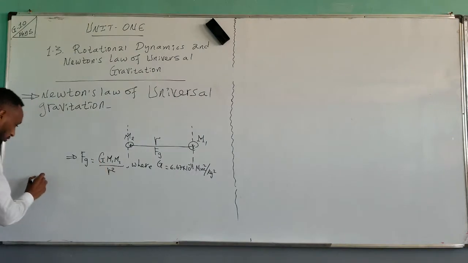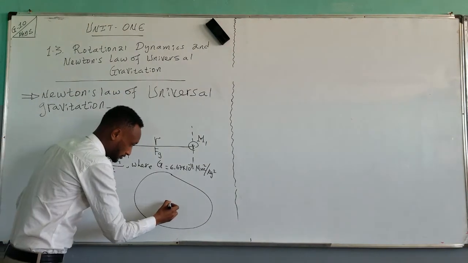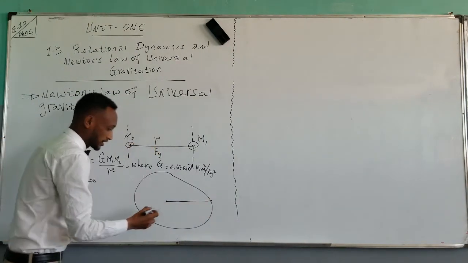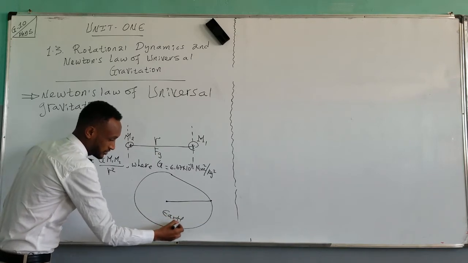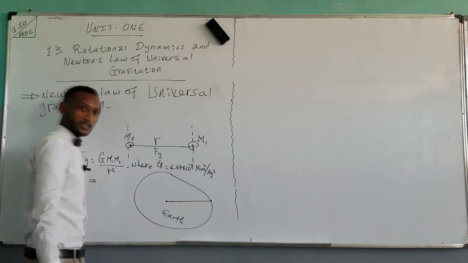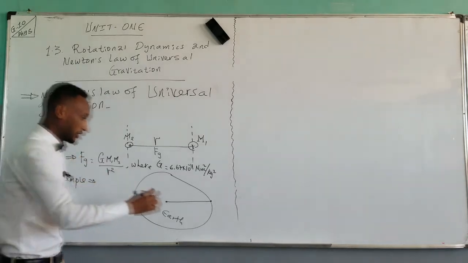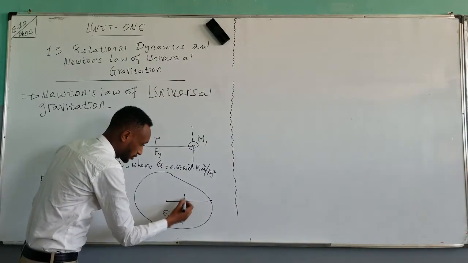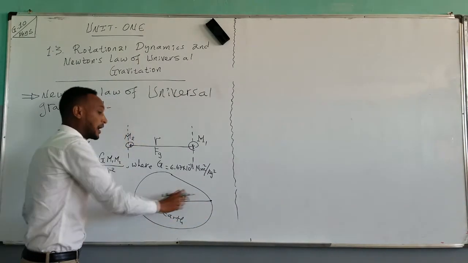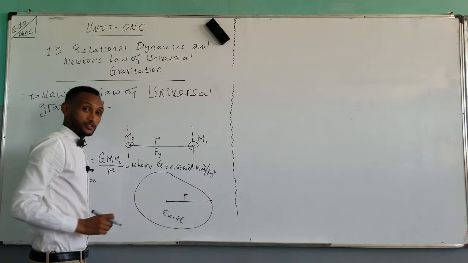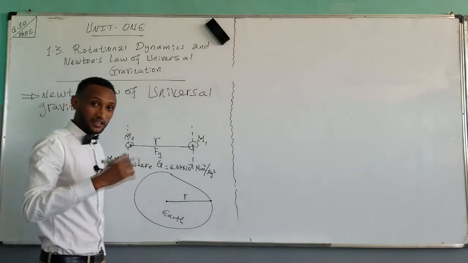For example, take the planet as Earth. At this distance the Earth has a satellite.